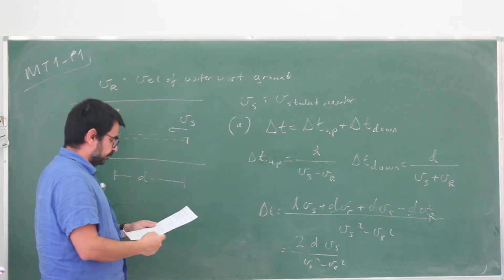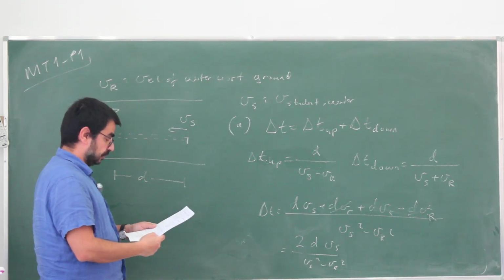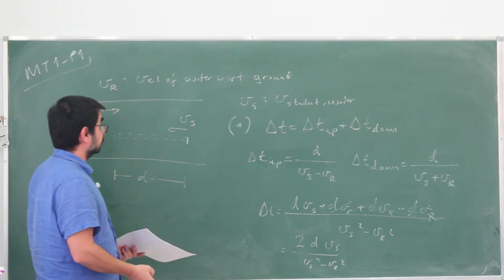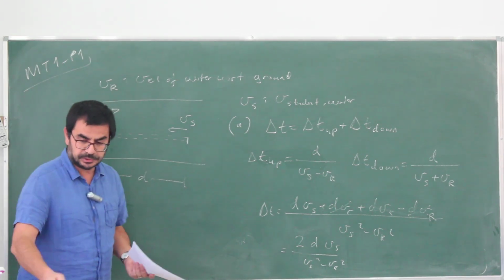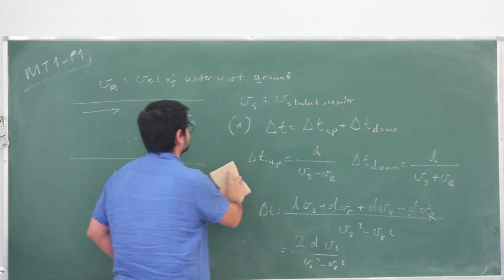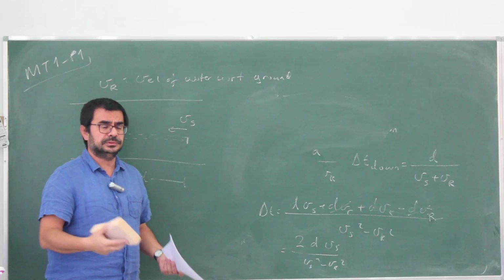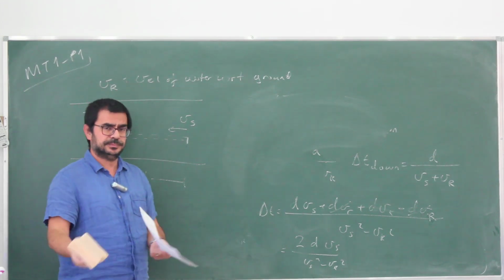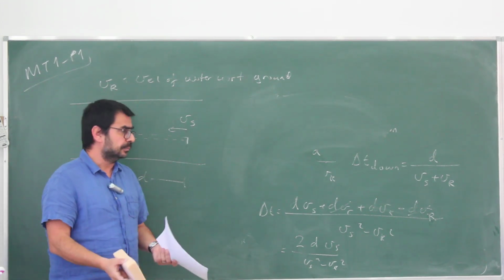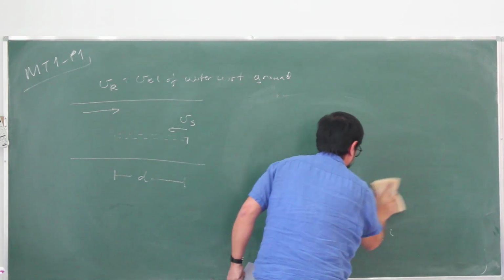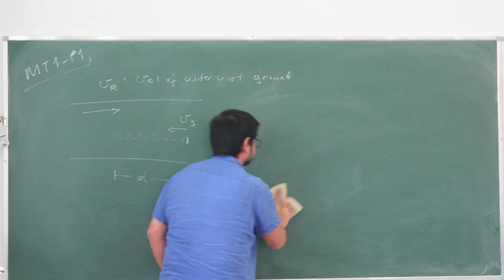Now for part B, assume that the river does not flow. What is the time interval delta t required for the round trip in still water? Well, this you can do almost in your head. We can also do it more formally, but if the velocity of the water is just 0, then the velocity of the person with respect to the water is also the velocity of the person with respect to the ground, and they cover a distance d in the ground's reference frame.